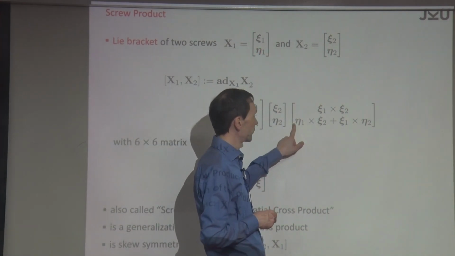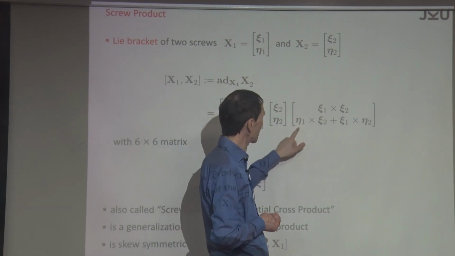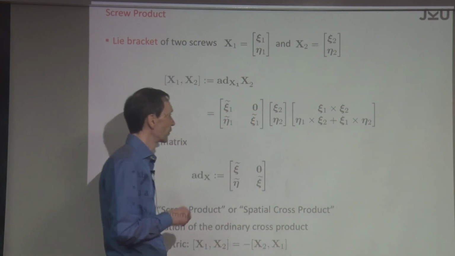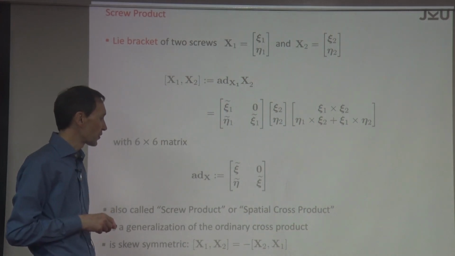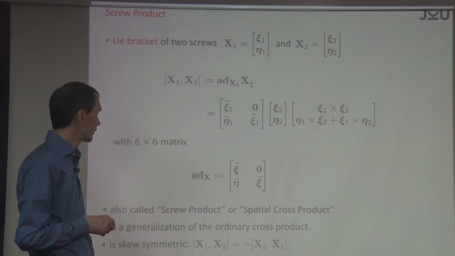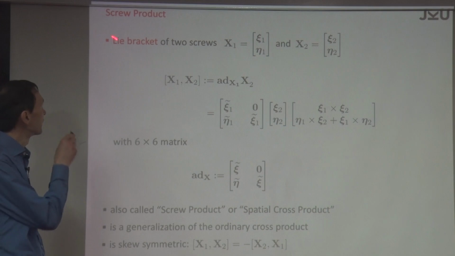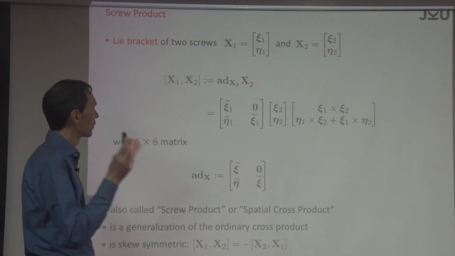And that's the same like if you take, because the cross product is skew-symmetric, it's the same like minus, which gets you plus eta 1 cross C2. So essentially this is what we call the spatial cross product, but to be more precise, it's called the screw product, and to be even more precise, this is called the Lie bracket for reasons that go beyond the course.